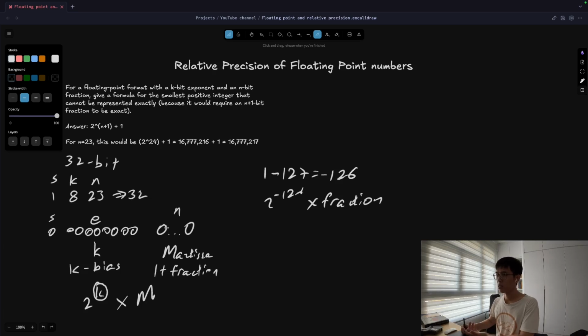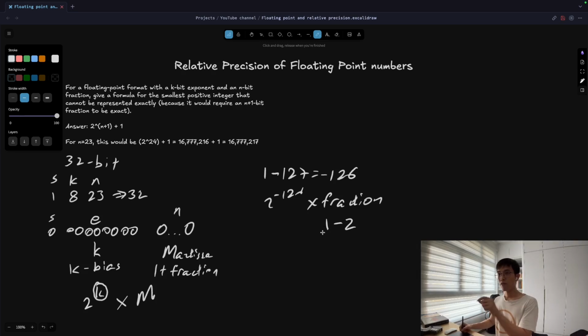I mean, the fraction is determined by the bits in n, and how that's determined, you can check my previous video for that, but it's essentially a value from 1 to 2, right? And why it's 1 is because of the mantissa. We have a leading 1 over here.